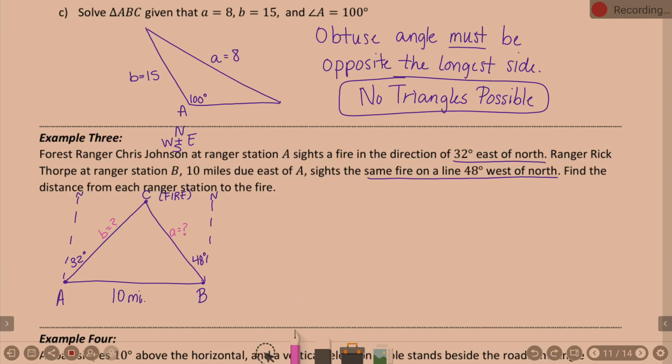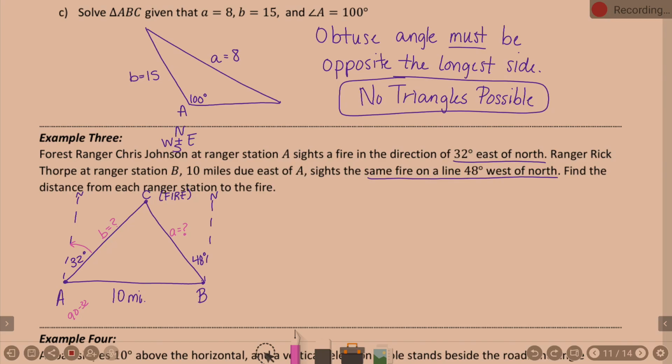Now, what do we know about angles? So first, we can find the angles of A and B by subtracting both those numbers from 90. Subtracting from 90 makes sense because an east-west and a north is going to create a 90-degree angle, yes? So if this is 32 degrees, inside here is going to be 90 minus 32.